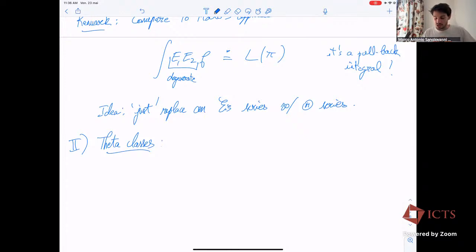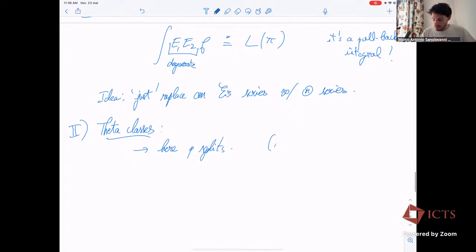Okay, so here p splits. Actually, in my thesis, p is inert because I thought it was the most interesting case, but it turns out the p split case is also quite interesting, and this remark is due to Ashay, really.